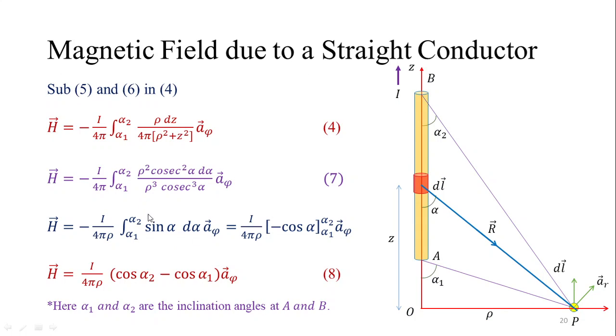Already a rho is there. For the dz you are having rho cosecant square alpha, so you will have rho square cosecant square alpha d alpha divided by 4 pi, and this one is r cube.